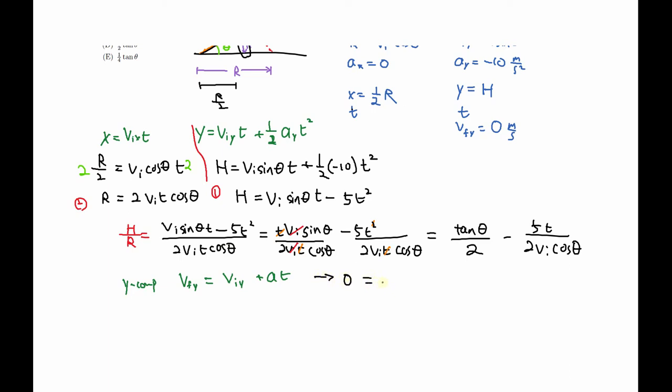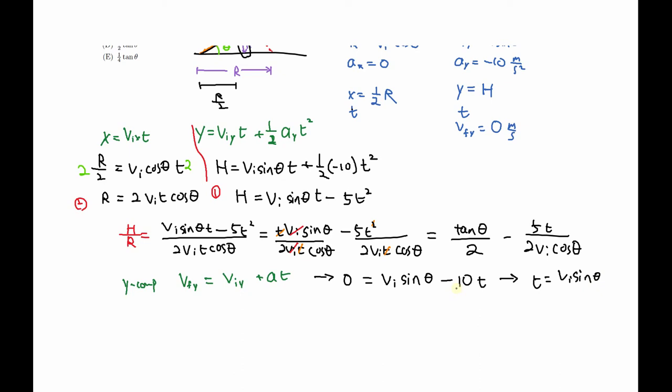Initial velocity is gonna be just what we had before, and the acceleration is gonna be negative 10 meters per second squared, and then we have time. So I can find the time by moving the negative 10t to the left side. I have 10t equals the initial velocity times sine theta.